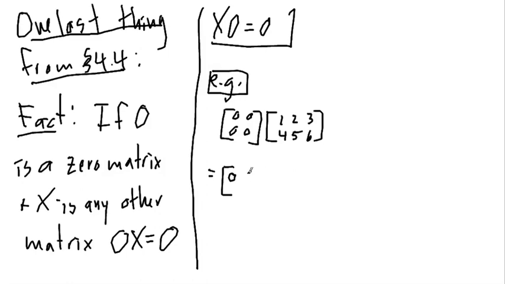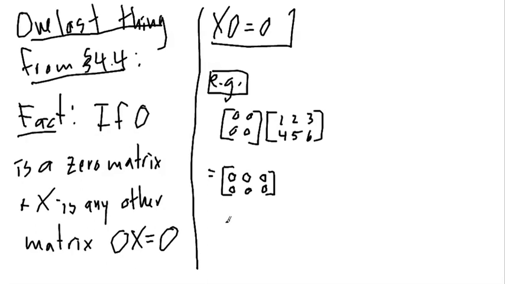First row, second column, 0 times 2 is 0, 0 times 5 is 0, I get 0. First row, third column, 0 times 3 is 0, 0 times 6 is 0, I get 0. The same thing happens on the bottom, and I get a different zero matrix. So it's not always the same zero matrix, but I get a zero matrix.